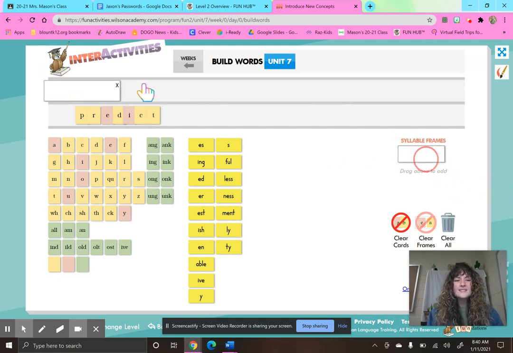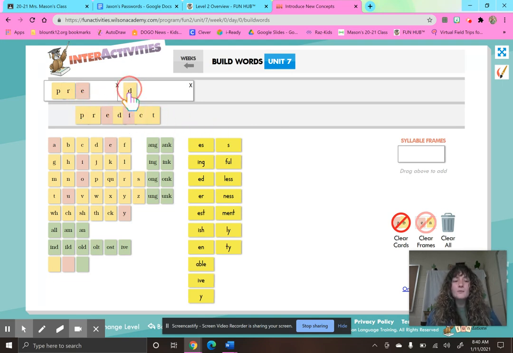And what groups of letters go in the first syllable frame? Predict. So in the first syllable, we hear pre. Now looking at the syllable, is this an open, a closed, or a vowel consonant E syllable? This is an open syllable. Why is it open, second grade Smarties? Because that E is not closed in by a consonant and it is saying its name.